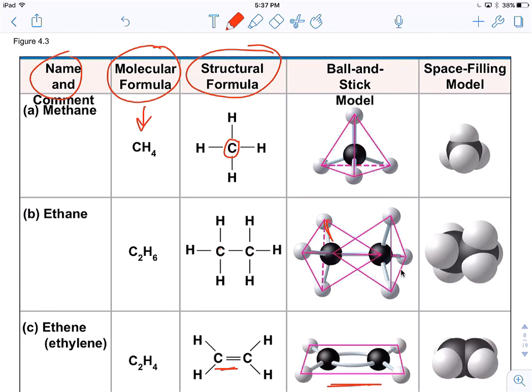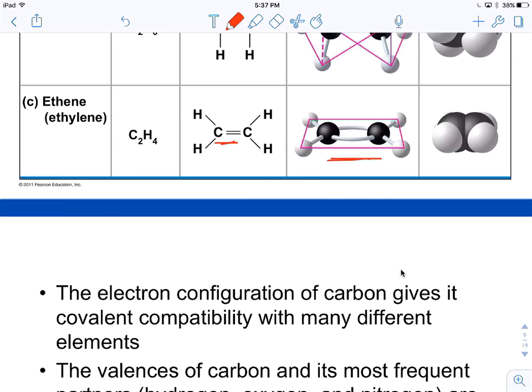So this is more kind of like the Lewis structure formula, very simple. Ball and stick model, and space filling model. All right, so just keep that chart in mind.